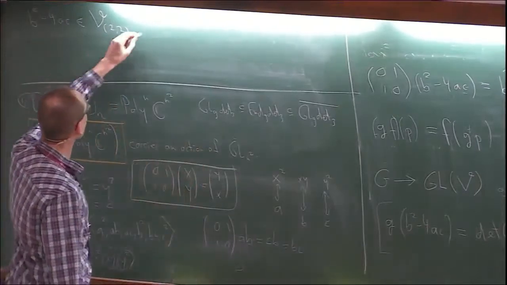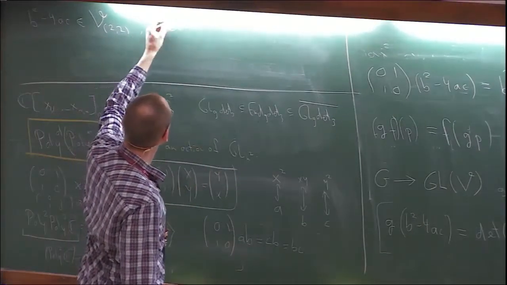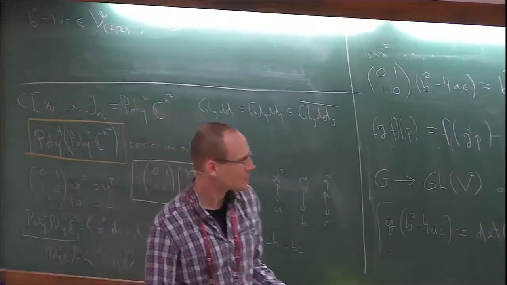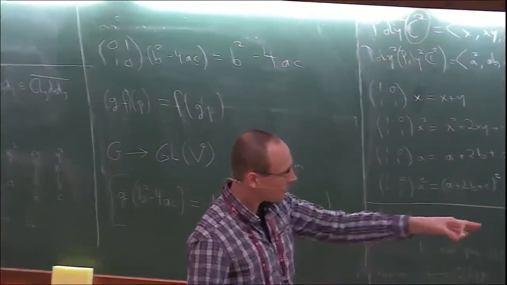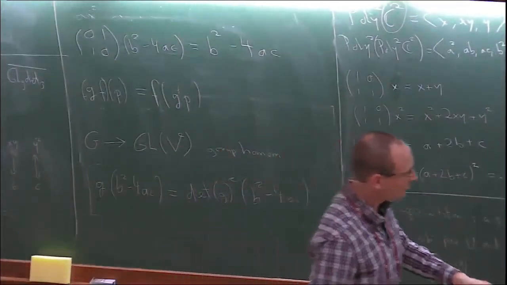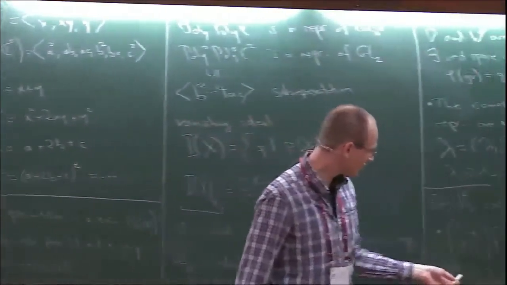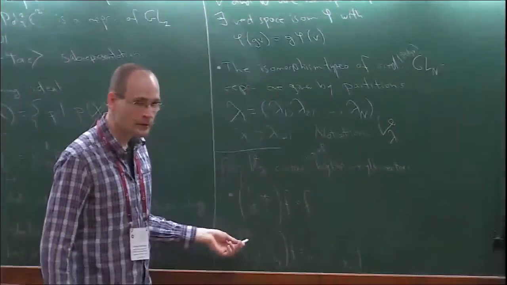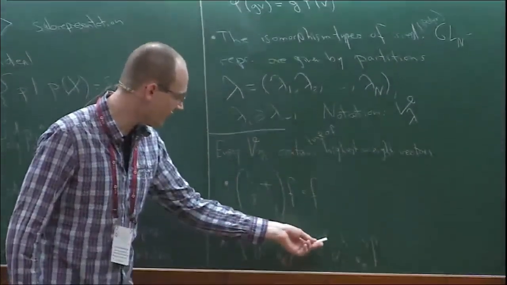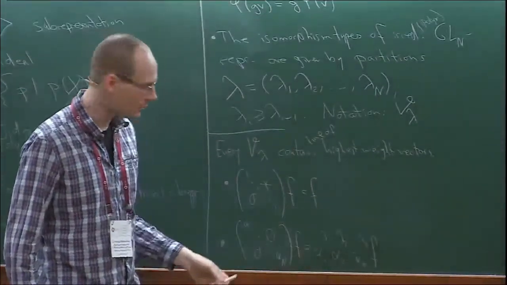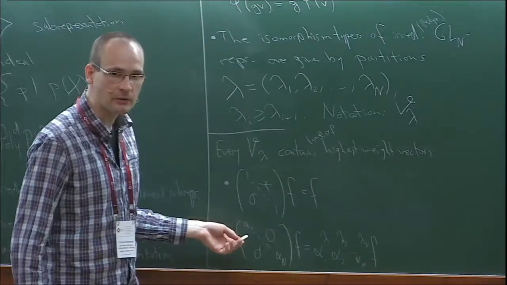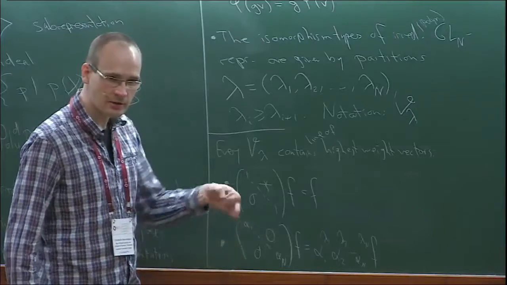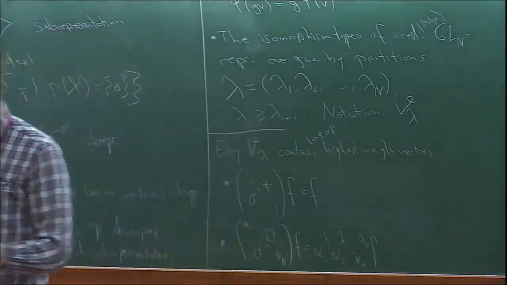And the other thing is, in our setup, a squared is also a highest weight vector. One has to check that upper triangular matrices fix a squared in this model. And if you act with diagonal matrices, lambda 1 is 4 and lambda 2 is 0. So the a is scaled by an alpha 1 squared, and a squared is rescaled by an alpha 1 to the 4.